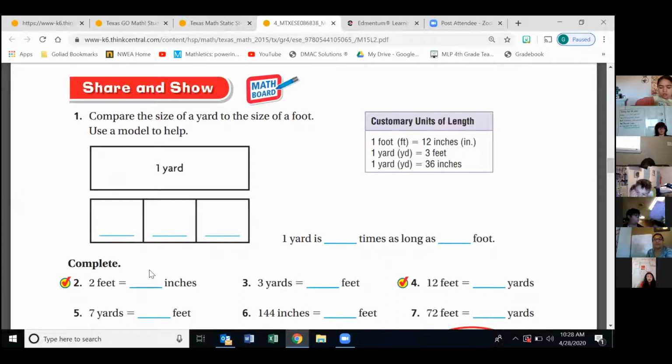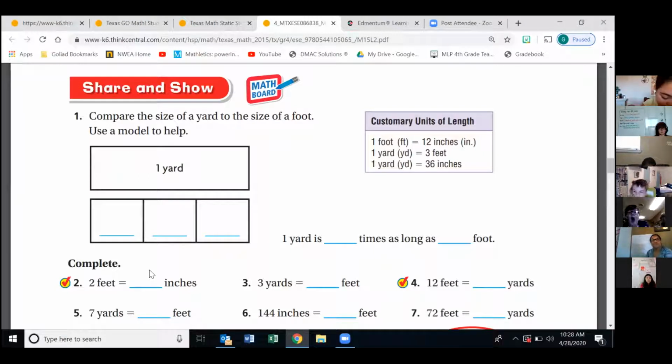Good job, girl. Okay, so if I'm going from yards to feet, am I going big to small? Yes, big. See, you're shaking your head. Which one is it, babe? Large to small would be the horse to fly.